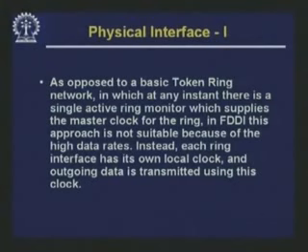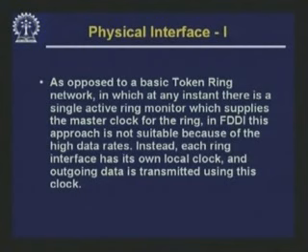What are the physical interfaces like? As opposed to a basic token ring network, in which at any instant there is a single active ring monitor which supplies the master clock for the ring, in FDDI this approach is not suitable because of high data rates, that is one thing, and the other thing is that the ring could be very large.